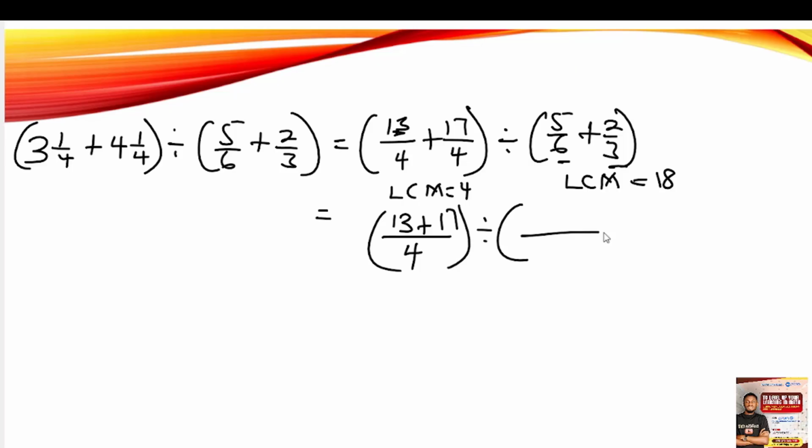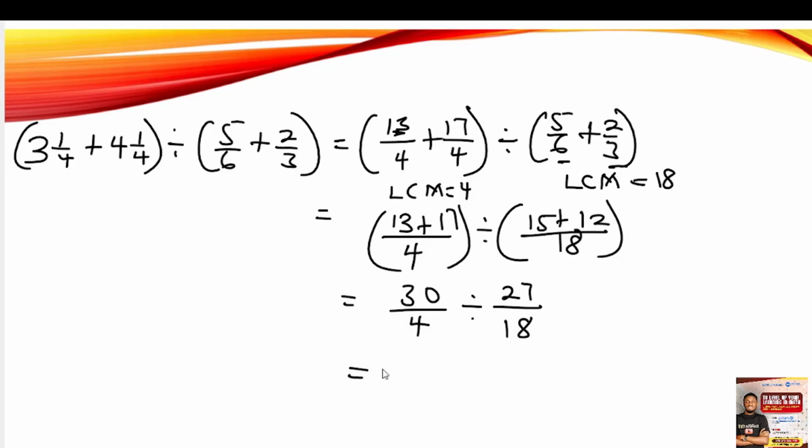Here we have 18: 6 goes into 18 3 times, 3 times 5 is 15, plus 3 goes into 18 6 times, 6 times 2 is 12. Now let's add the numerators together. 13 plus 17 gives us 30 on 4, divided by 15 plus 12 gives us 27 on 18.